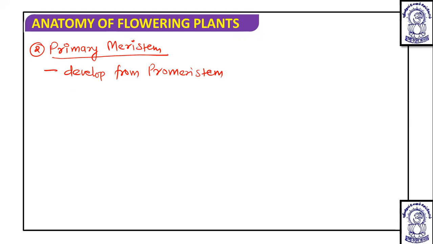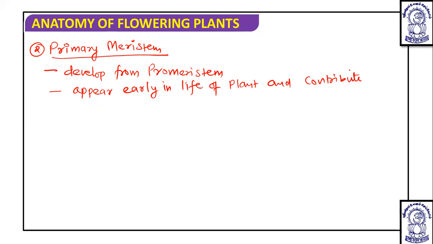Now this primary meristem appears early in the life of the plant, and it contributes to the formation of the primary plant body. So the primary plant body is actually formed by this primary meristem.